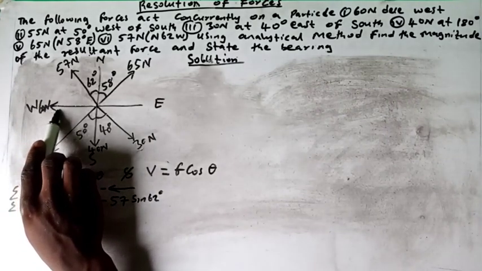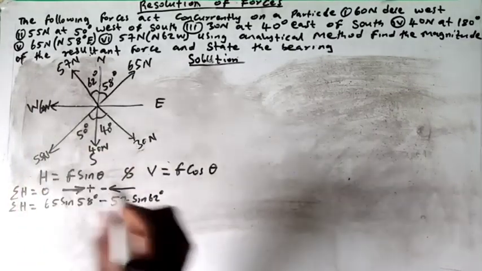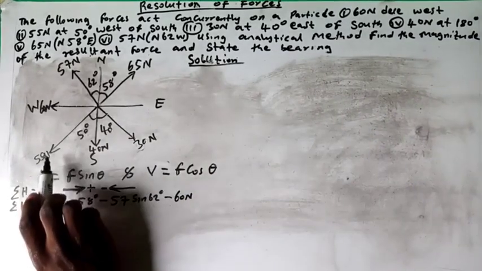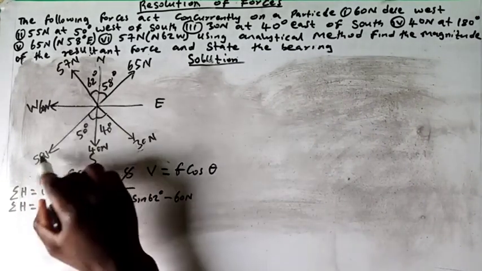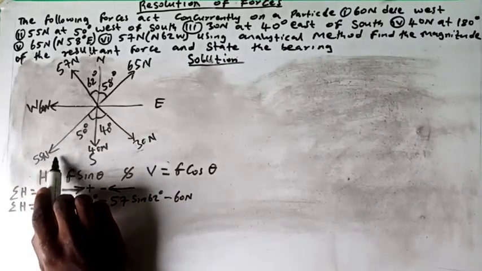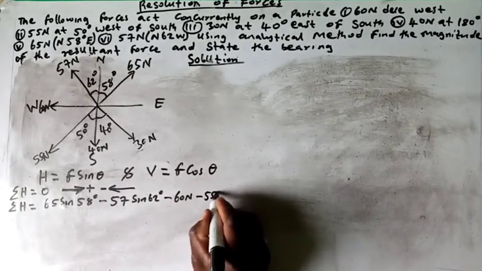Since it's a horizontal force, it has no vertical component. So we'll now say minus 60 Newton. The next one is 55 Newton. If we close this angle by dragging this up, the arrow points towards the negative direction. Therefore, our sign is negative. We have minus 55 sine 50 degrees.